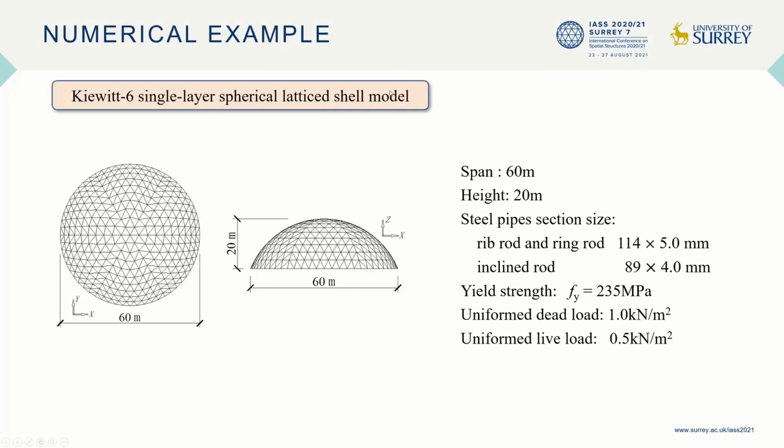In order to verify the applicability of the proposed method, we use a numerical example as shown in the figure to evaluate the damage of the structure under different seismic excitations. The numerical example is a cavity shell. Its span is 60 meters and its height is 20 meters.